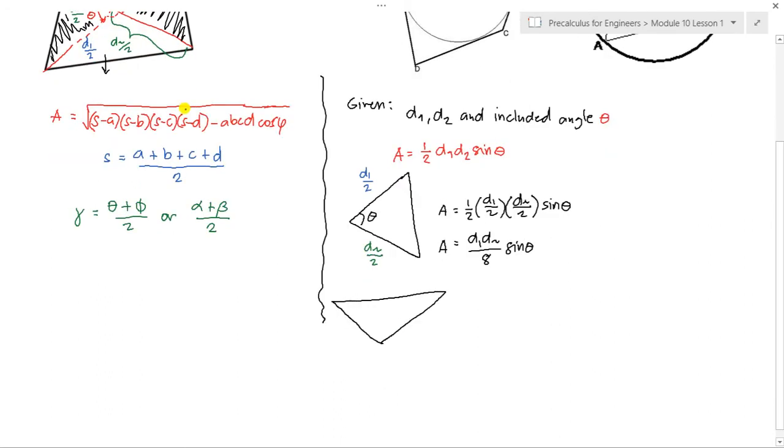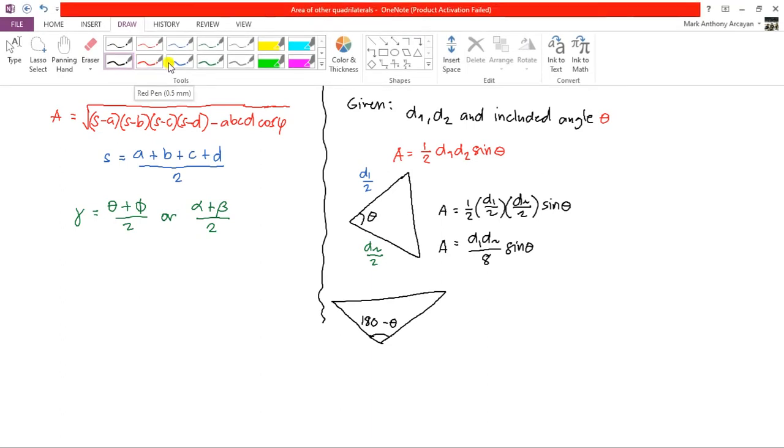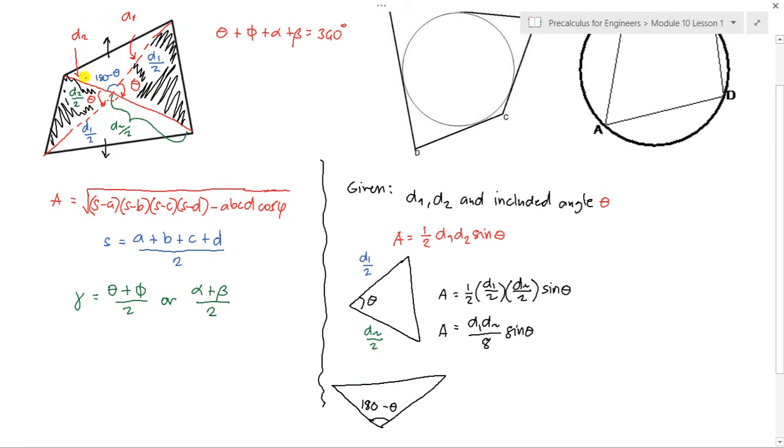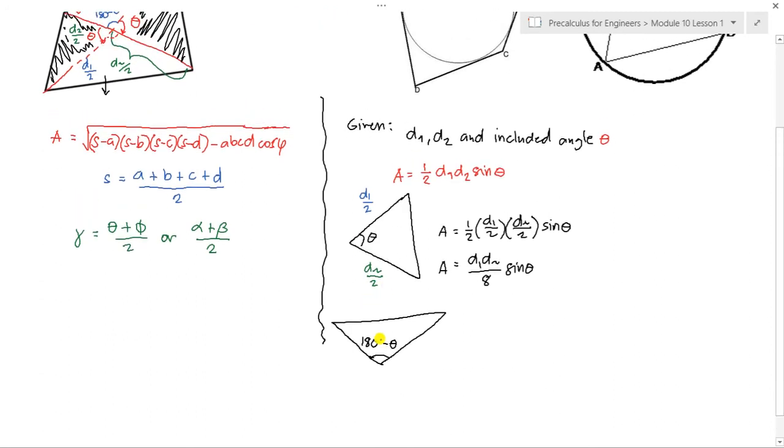When we extract it, this time the angle here is 180 minus theta. And the given sides, based on our figure, one is d1 over 2, and this one is d2 over 2.